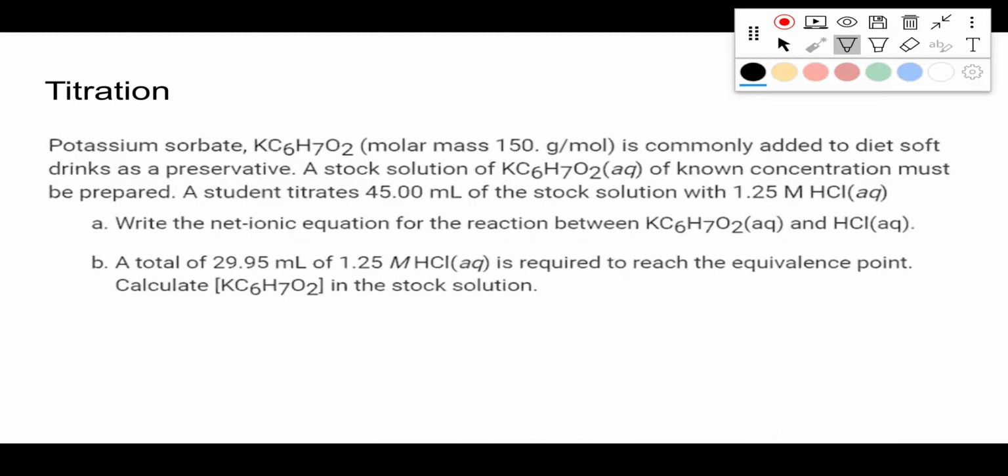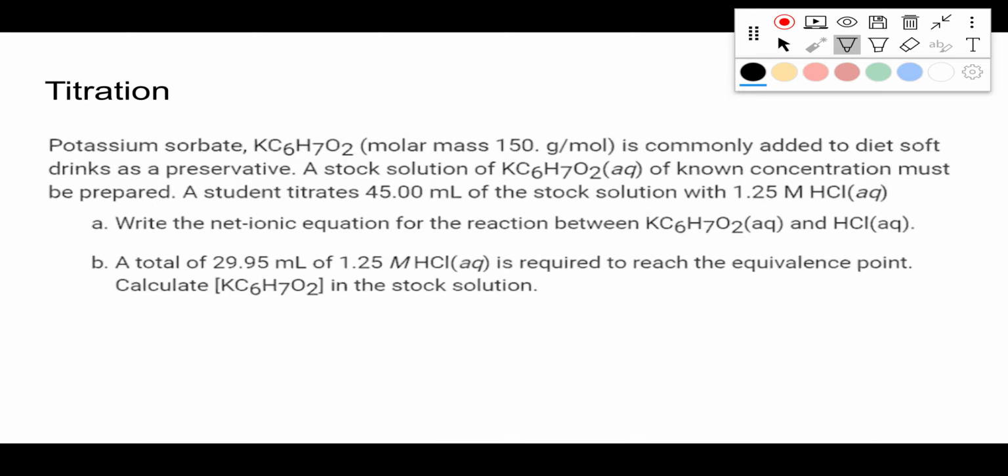So let's go ahead and do a couple practice problems. This first practice problem says that we have potassium sorbate, and it gives you the chemical formula and the molar mass, is commonly added to diet soft drinks as a preservative. It says a stock solution of potassium sorbate of known concentration must be prepared.